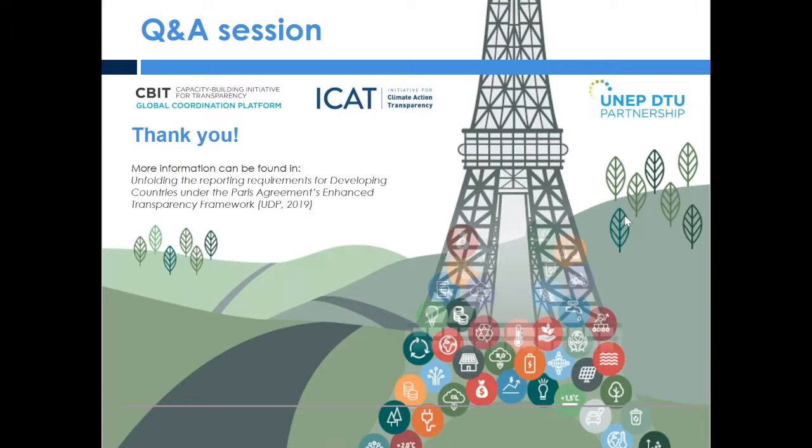But it has to include some additional chapters: one is research and systematic observation, another is education, training, and public awareness, and adaptation if it's not covered in the BTR, essentially. In the publication, we have more information about this and also the link to the relevant decision. I think it's probably easier to follow the main decision text. But these are the pieces of information that basically need to be added.